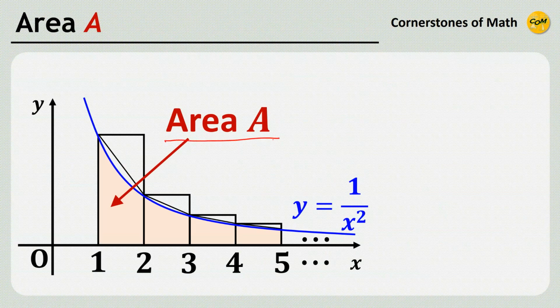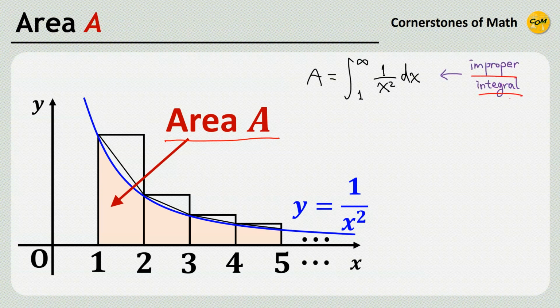First, area A, the area between the graph and the x-axis at x greater than 1. This area is simply given as an integral from 1 to infinity of 1 over x squared dx. This is an improper integral because it has infinity right here.